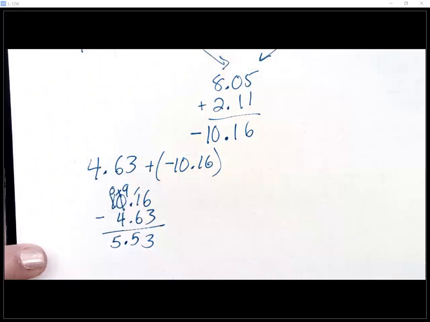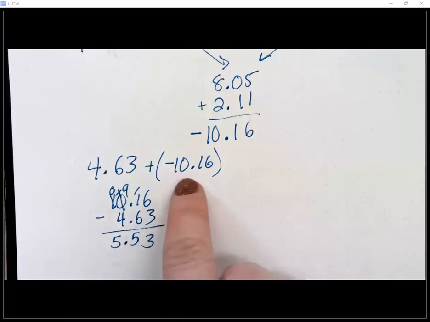But now I need to ask myself what the sign of this answer should be. Is it positive or is it negative? It's negative because that number was bigger and it's negative.